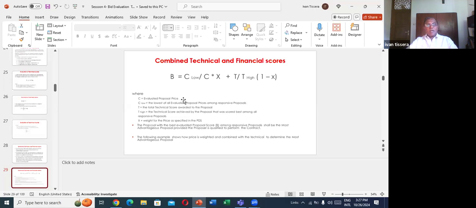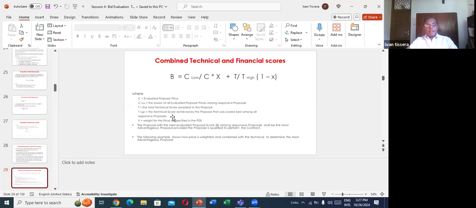C is the evaluated proposal price, this one. C low is the lowest evaluated proposal price, this one. T is the total technical score, say 30 or whatever the number.